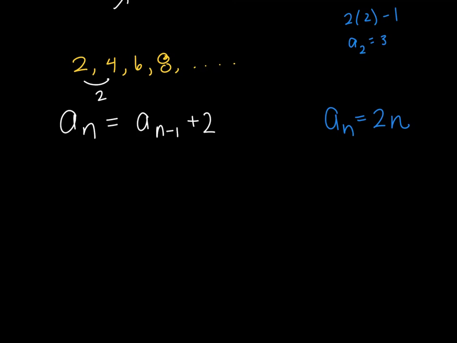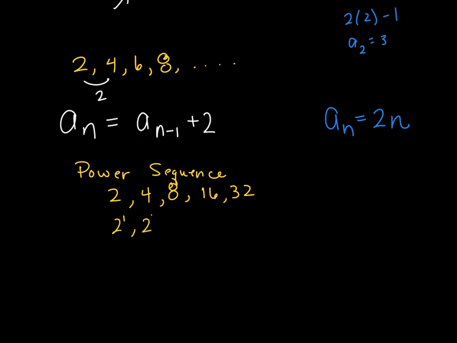This is called a power sequence. And it's important to recognize how to write these. And we're going to still use 2, 4, but now it changes and it's going to become 8, 16, 32. So it's important to recognize what's going on here. This is the same thing as saying 2 to the first, 2 squared, 2 to the third, 2 to the fourth, and so on.